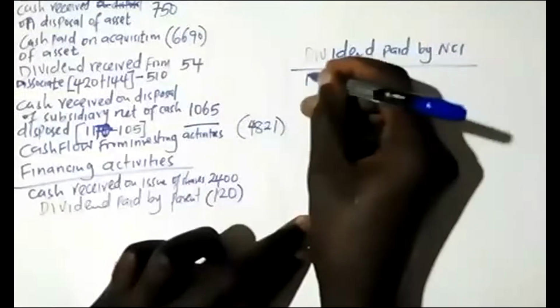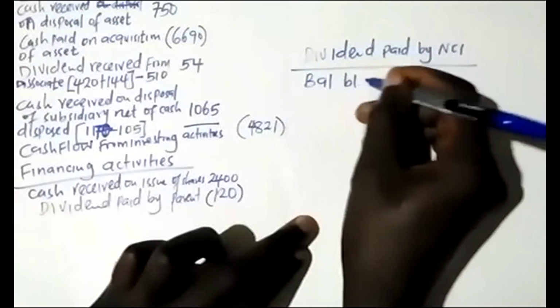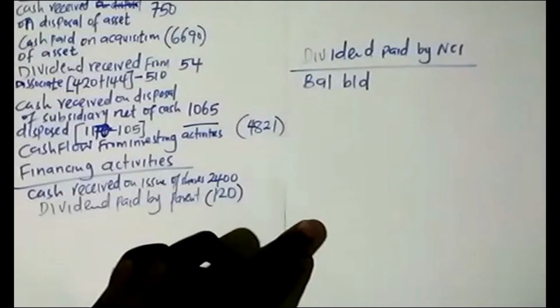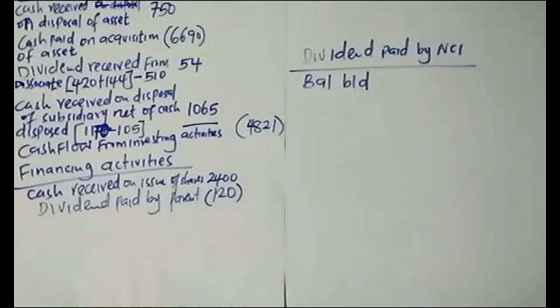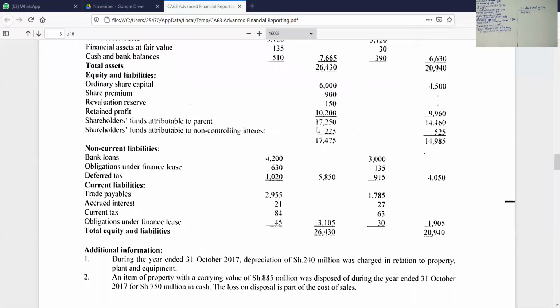I will pick the balance brought down for the NCI. The balance brought down here for the non-controlling interest is this 525.